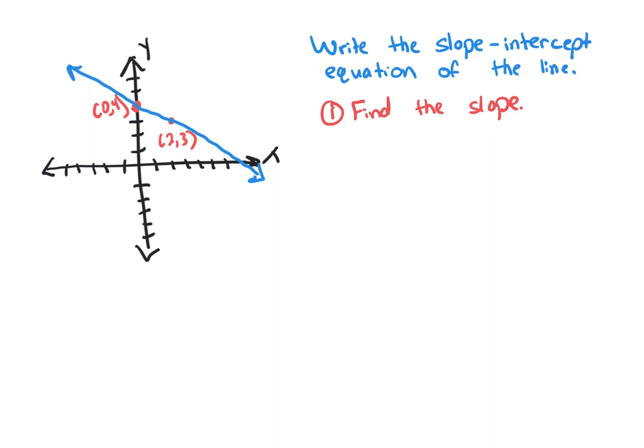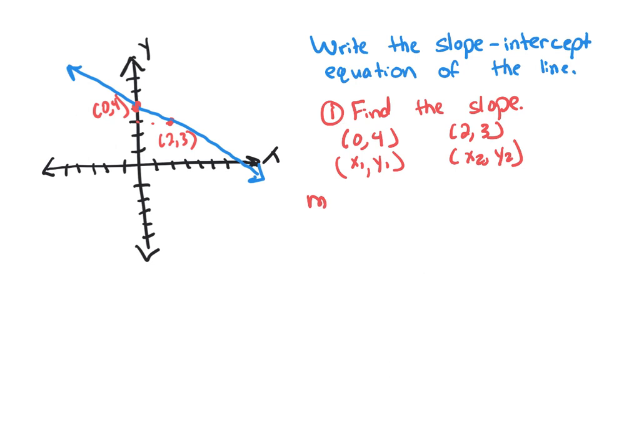Now, you could count. You could start at the top point and go to the second point. Start up here at (0, 4). We go down 1, over 2, and that's going to give us our second point. So that would tell us our slope is negative 1 over 2. Or we can always plug it into our formula, like in my last video. This is x1, y1, and this is x2, y2.